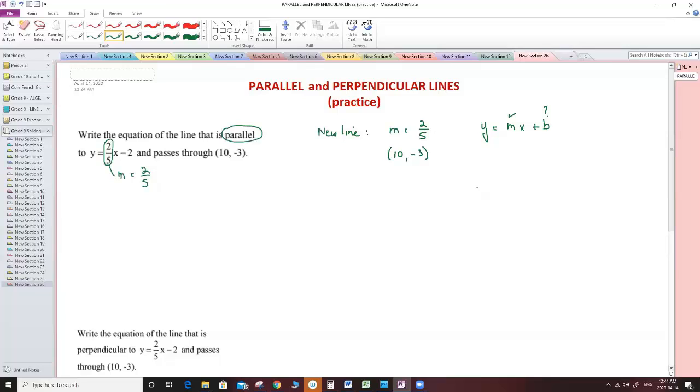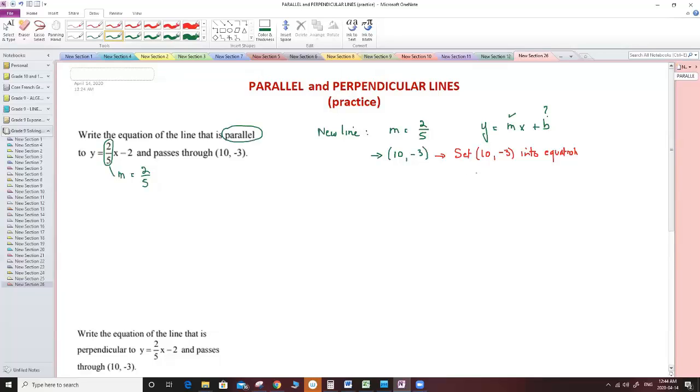So how can I find it? By using this point, because this point exists on the line, I can find b. The very important part is to set (10, -3) into the equation.